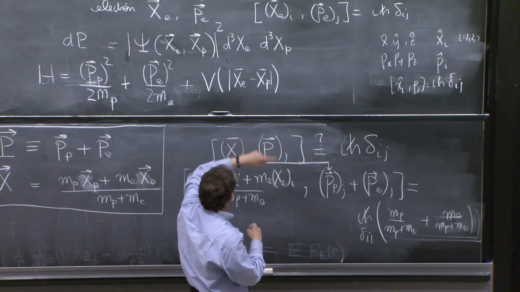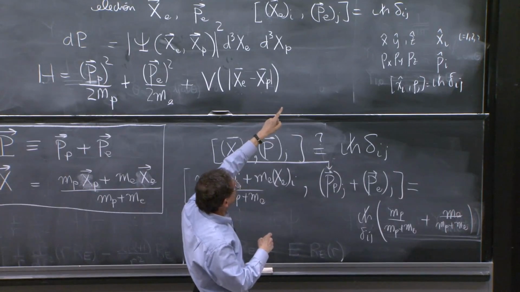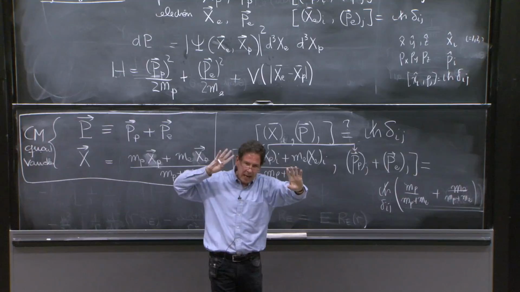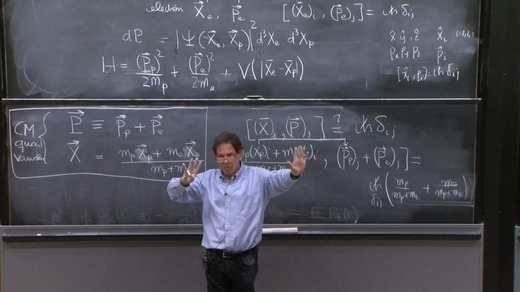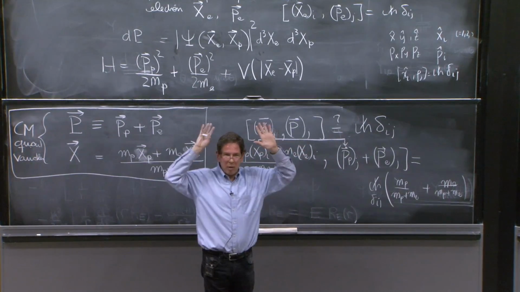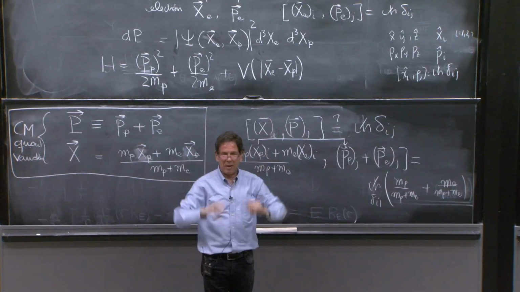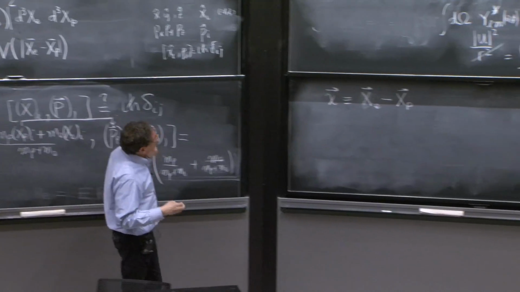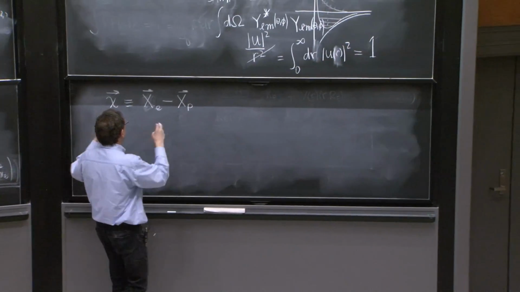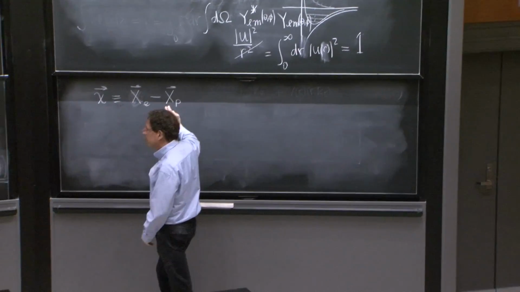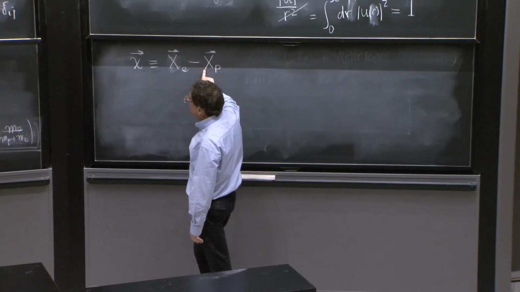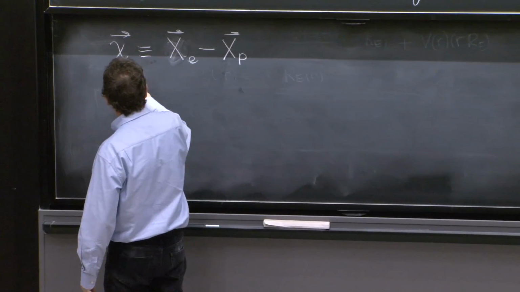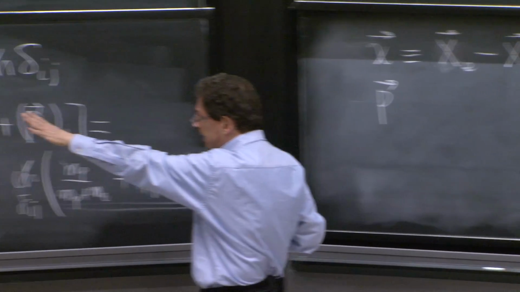I should have written there, not only those are the commutation relations, everything else is zero. Any x of the electron with a momentum of the proton is zero. That's why there are two independent pairs of canonical variables that we can treat. It better be that this is an independent pair of canonical variables. So it better be that this x and whatever p I'm going to define here commute with this, guys.